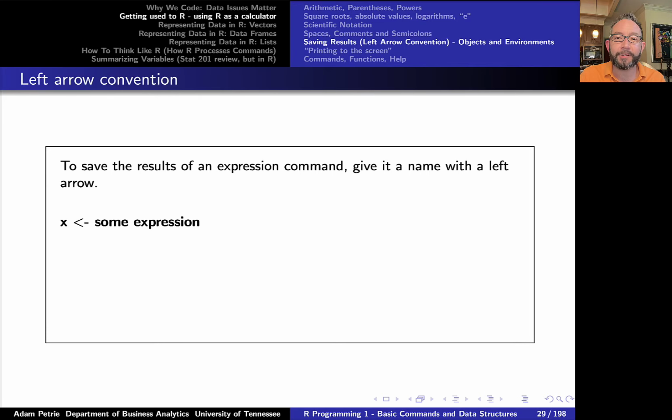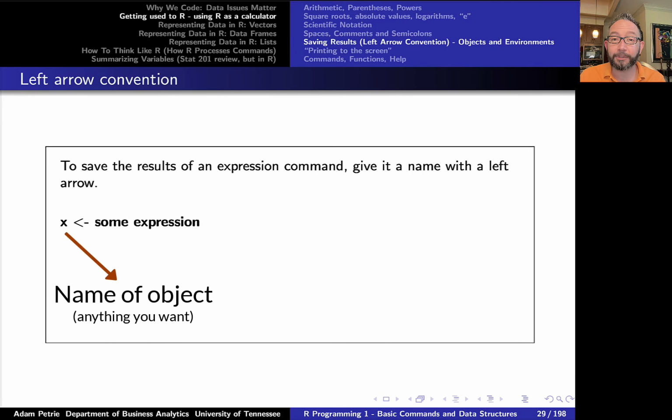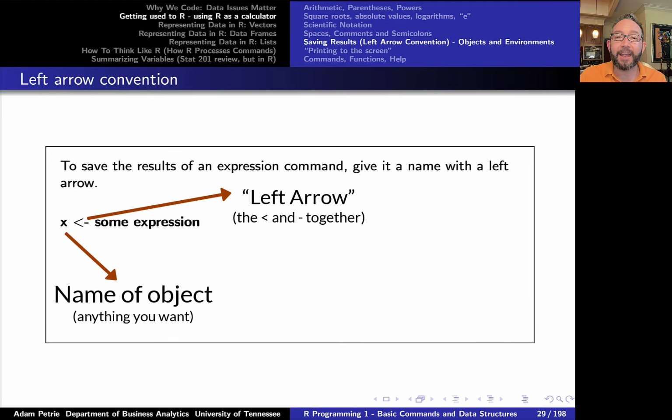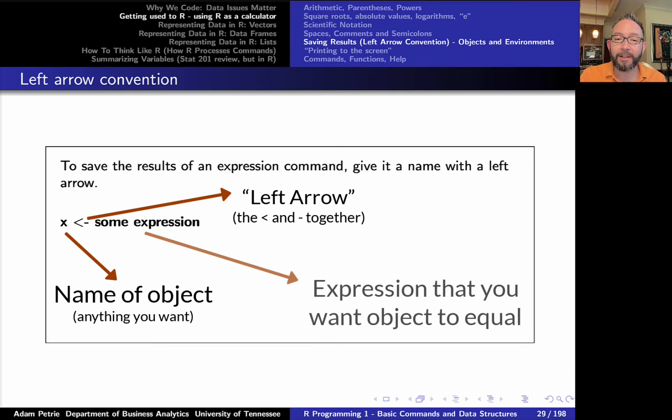So if I do want to define an object in the global environment, whether it be a variable, a vector, a data frame, etc., what I'm going to do is come up with a name for that object that I want to create, maybe just x. Then I'm going to use two symbols, the less than symbol and a dash, basically the left arrow. And then I'm going to give it some expression that I want that variable or vector, data frame, etc., to be defined as. So let's see how this works.